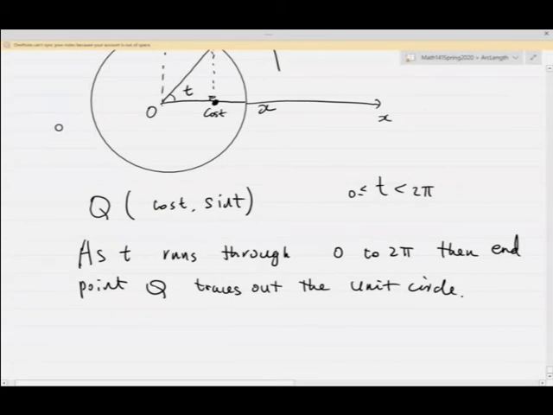So we get a parametric equation of the unit circle.